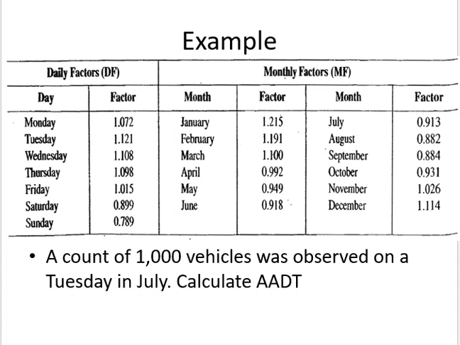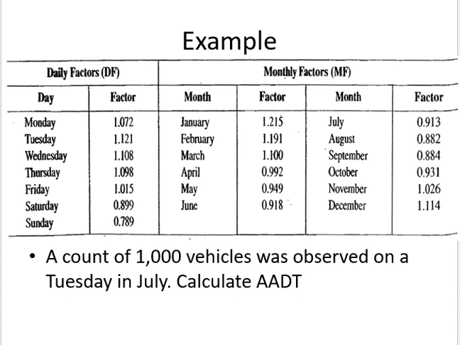So how to convert this 1000 into AADT? What did I say? We will look at the day and the month. This was taken on Tuesday, so what is the factor of Tuesday? And it was taken in July, so what is the factor of July?